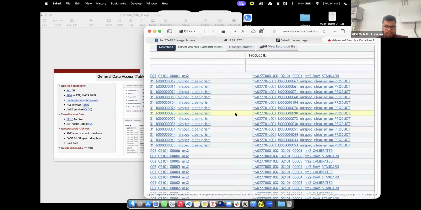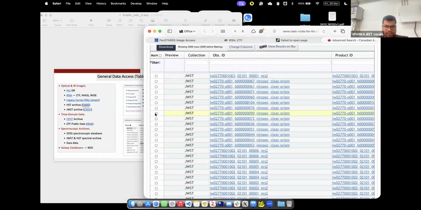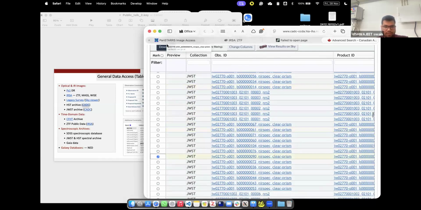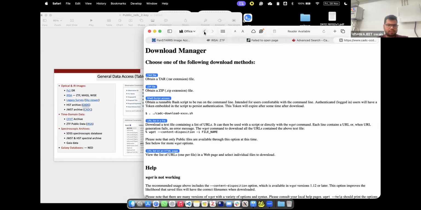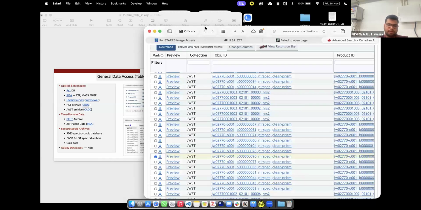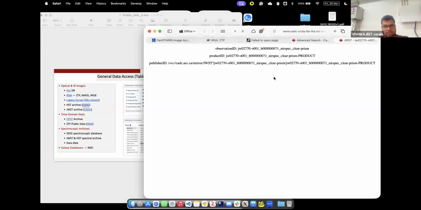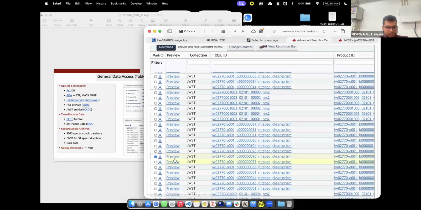And from here you can actually download the data easily. So again, this Canadian service is very useful and gives you the download option for different types of data. So this is the preview I was talking about. Here you can see, I guess this is not an image, that's why it's not showing.